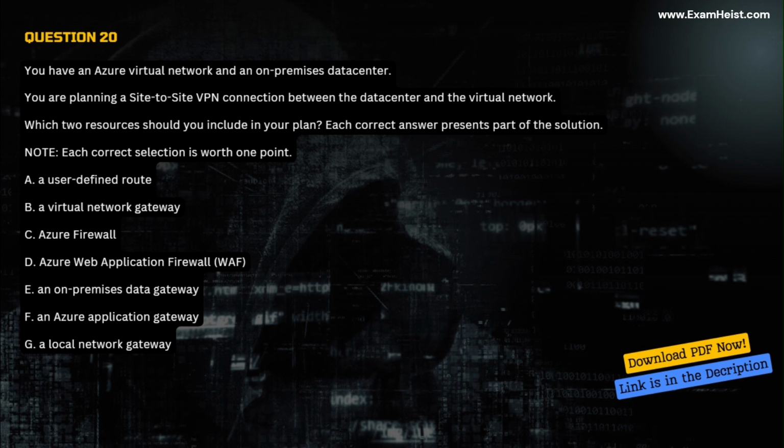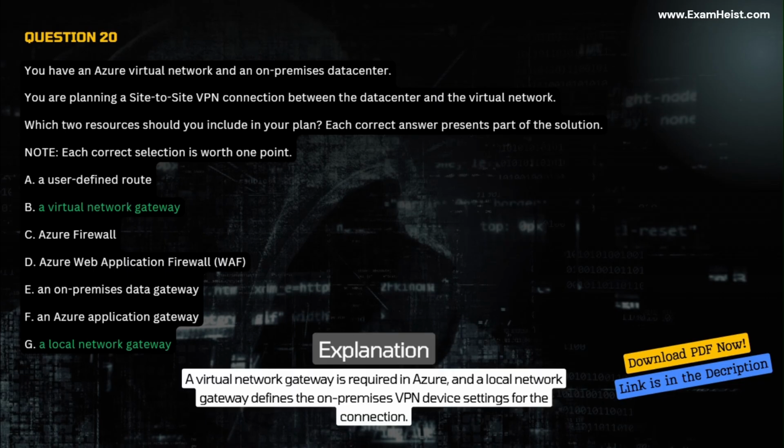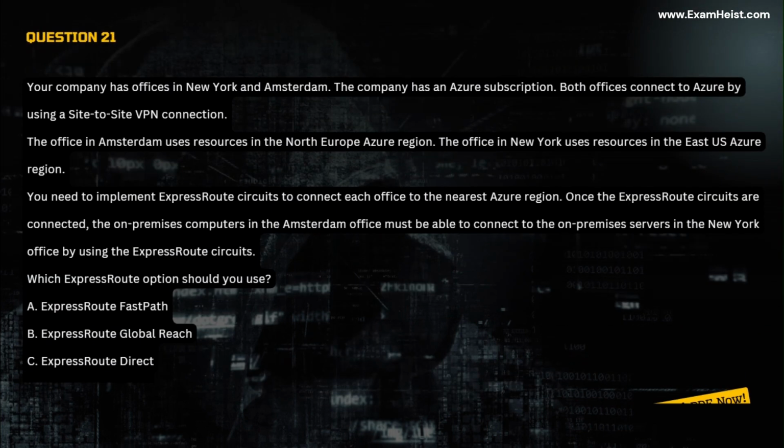D. Azure Web Application Firewall (WAF). E. An on-premises data gateway. F. An Azure Application Gateway. G. A local network gateway. Correct answer: B and G. A virtual network gateway. A local network gateway. Explanation: A virtual network gateway is required in Azure, and a local network gateway defines the on-premises VPN device settings for the connection.